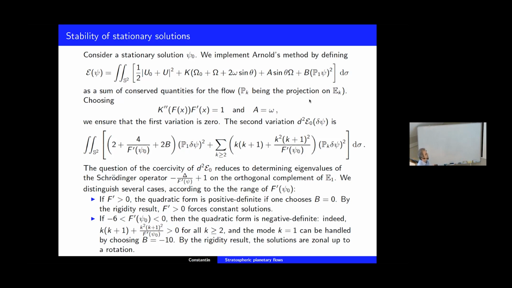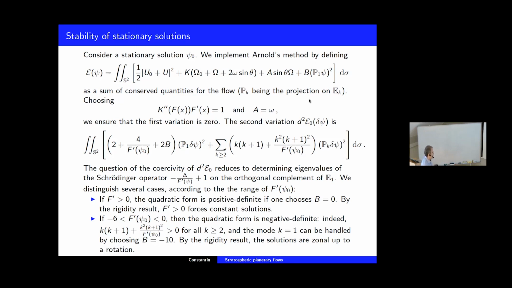All of these things are conserved, and this is the Casimir, so I can choose the K so that the first variation is the equation that I want. I have a freedom with these parameters, but the first one comes from the rotation, so this is gone. Basically I have just one that I can choose the way I want. And this is the expression of the second variation.